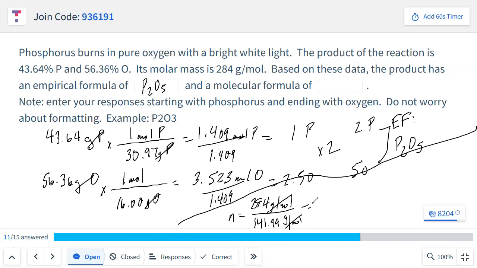So if I divide that into 284, I get a multiplier of 2. So my molecular formula is equal to 2 times my empirical formula, P2O5, which means it would be P4O10. I just multiply that 2 by both of the subscripts. So P4O10 should be what I write into that last column there.